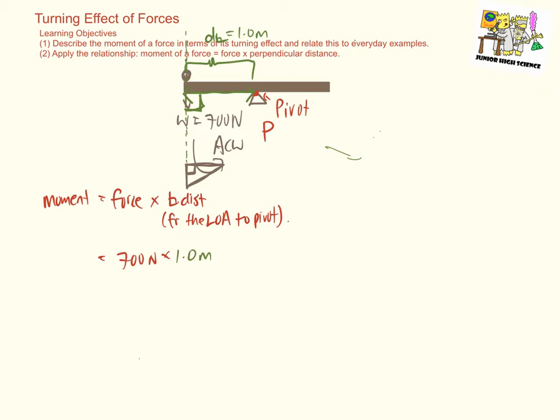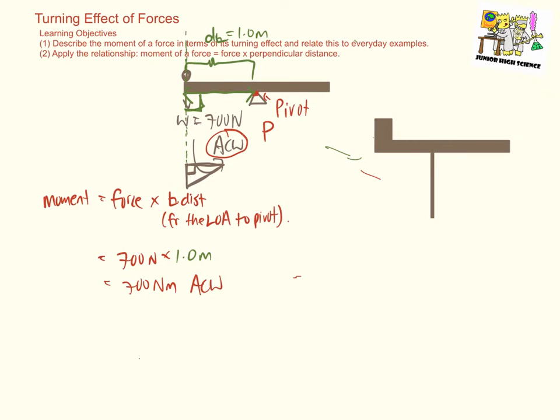And I will get a turning moment of 700 Newton meters, which is the unit for moments. We need to define the direction of this moment. As I've said previously, weight acting on the seesaw about this pivot will create an anti-clockwise turning effect about the pivot. Therefore, the moment of this force is 700 Newton meters, anti-clockwise rotation.